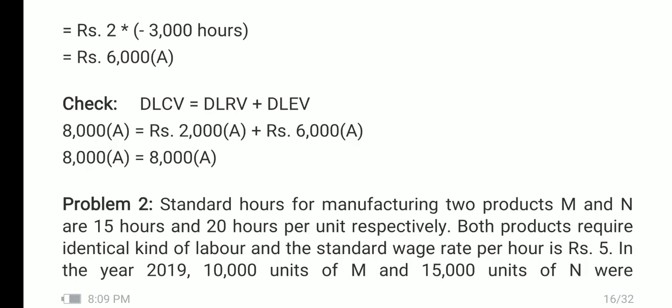Here also, information which is missing will have to be computed. Now, let us try to analyze the problem given. Standard hours for manufacturing two products M and N are 15 hours and 20 hours per unit respectively.